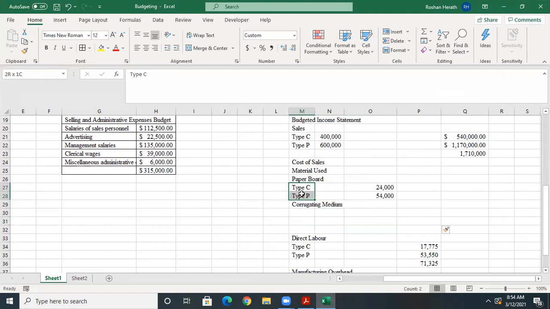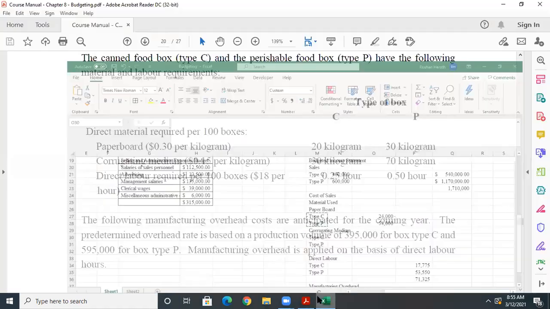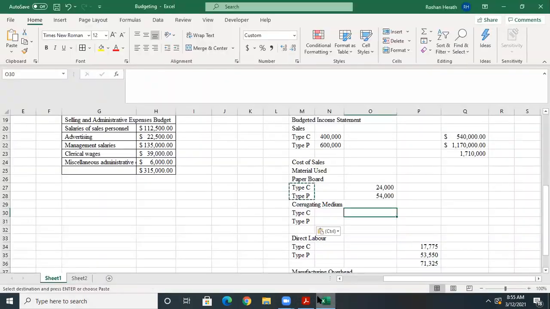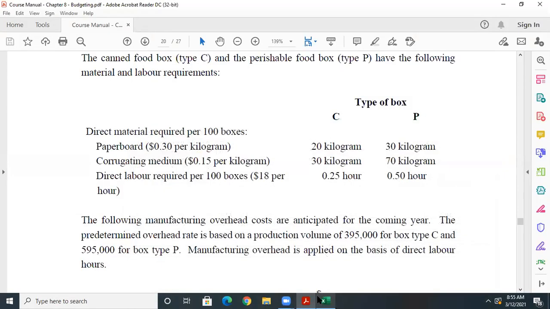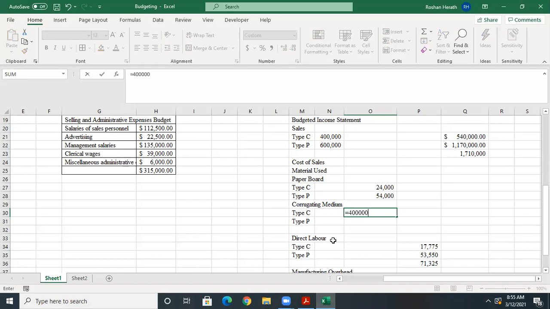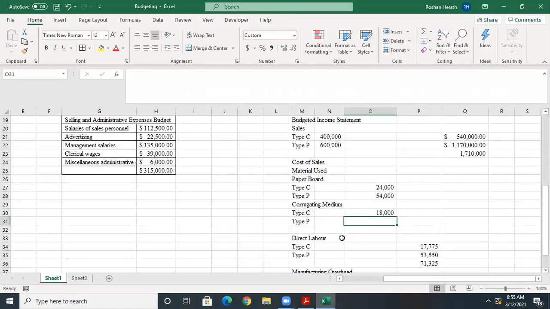And then let's look at the other material. It's the medium. Again, it takes 30 for product C. So you need 400,000 produced in 100 bulk, that is 4,000, multiplied by the material requirement of 30, and it costs you 0.15.